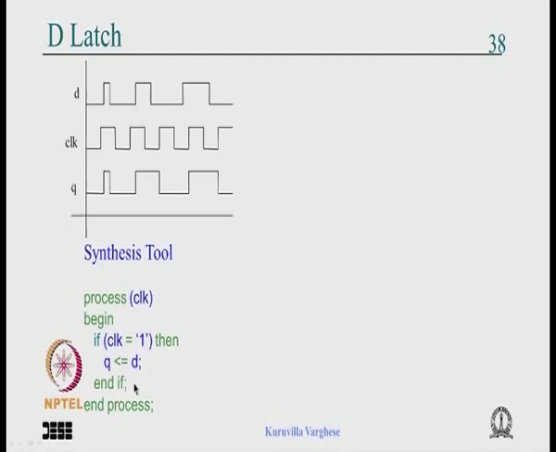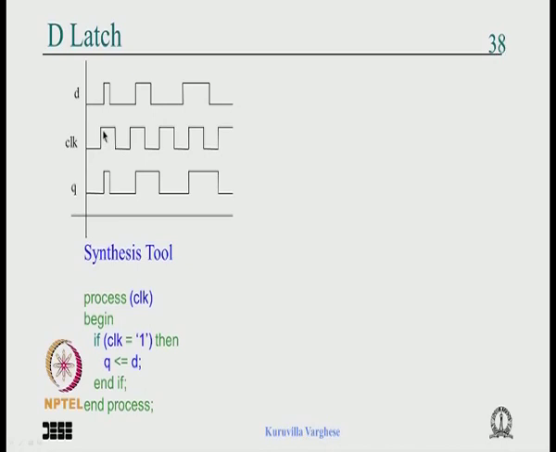So this part is correct, but for the simulator, if you write only the clock in the sensitivity list, this condition is checked only if there is an event on the clock.